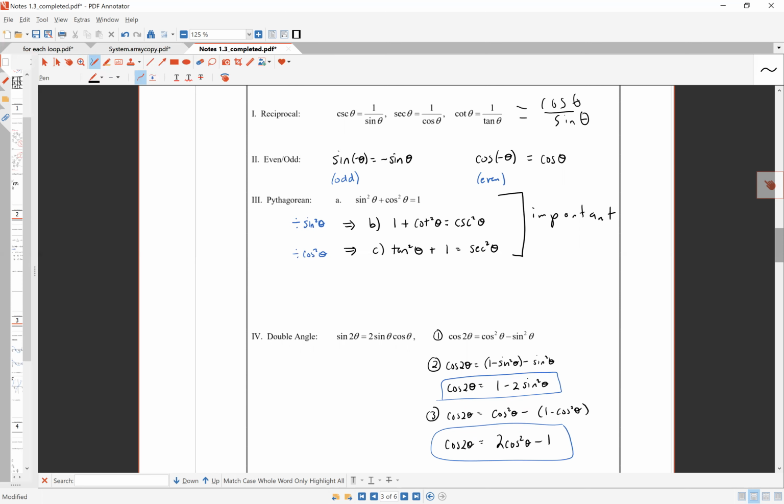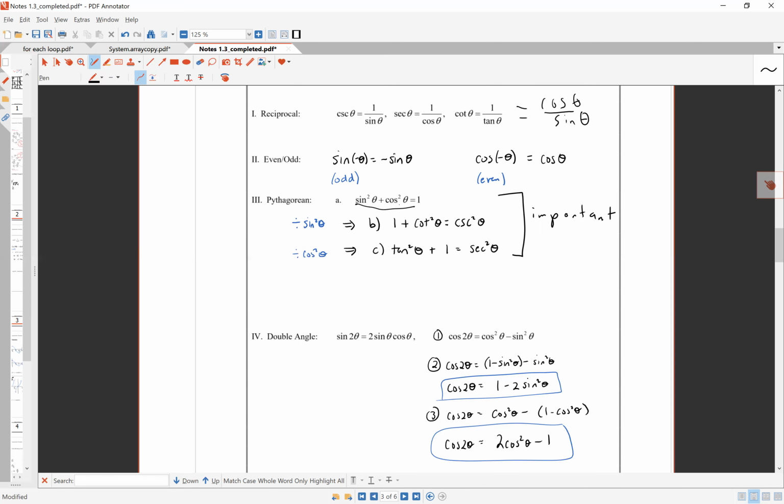Okay, so then there's the double angle formula. Sine 2 theta is equal to 2 sine theta cosine theta. Again, that's going to be useful later on. And cosine of 2 theta, we can expand that as cosine squared theta minus sine squared theta. But just remember, if you look at that formula A, solve for cosine squared. Cosine squared is 1 minus sine squared.